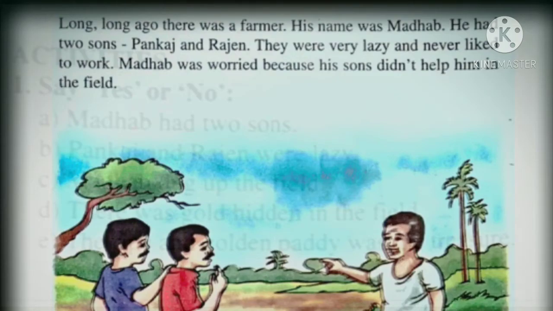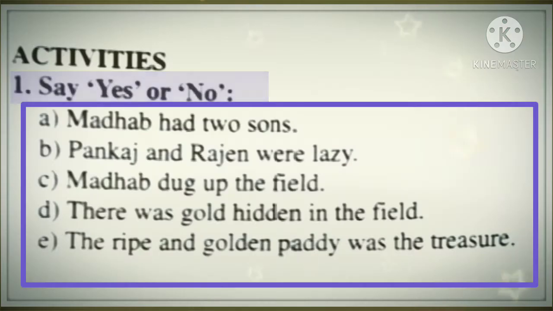It is given, long ago there was a farmer. His name was Madhav. He had 2 sons, Pankaj and Rajan. So, students, the statement Madhav had 2 sons is true. So we will write here yes.